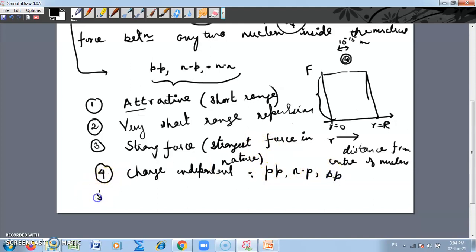Then again, there is another property called saturation. The property of saturation. And what is this property? Let us compare with the electrostatic force.